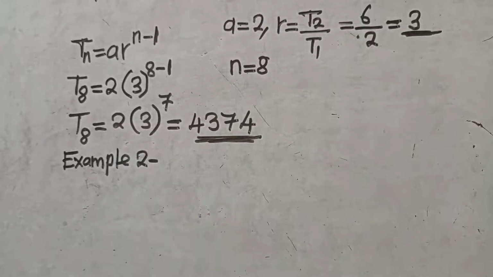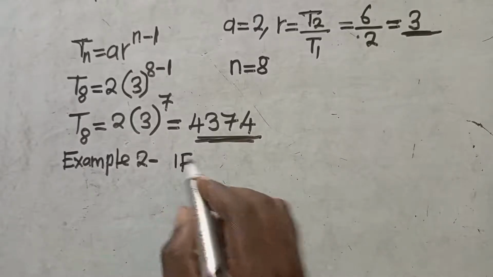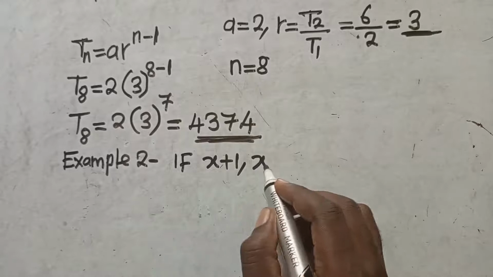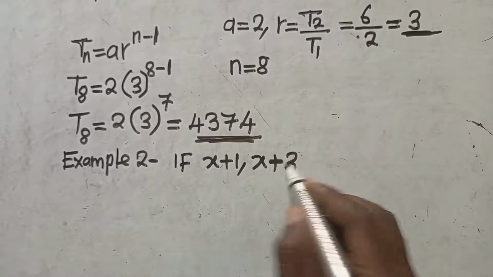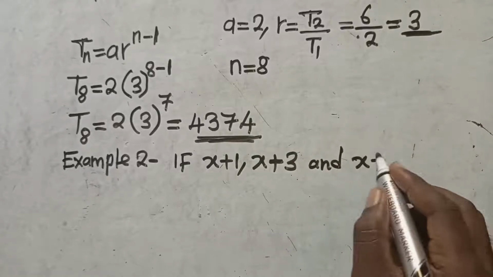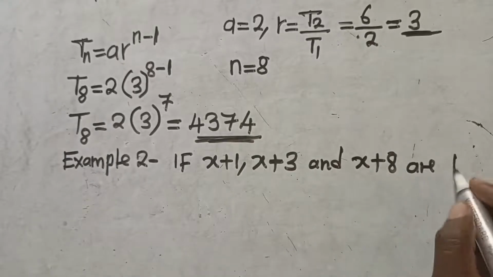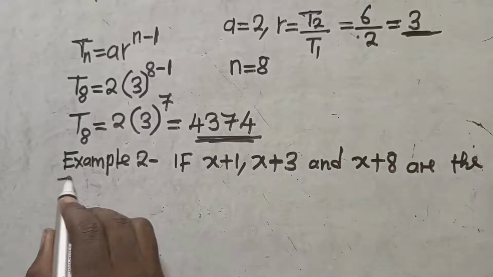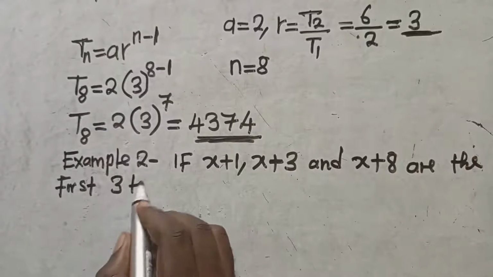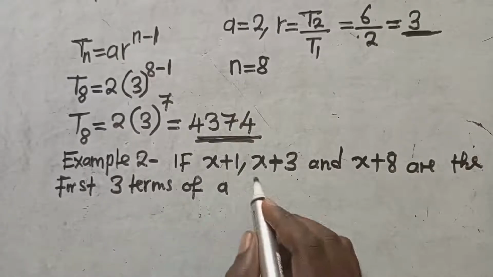So example 2, the question is saying that we are given that x plus 1, x plus 3, and x plus 8 are the first 3 terms of a GP.